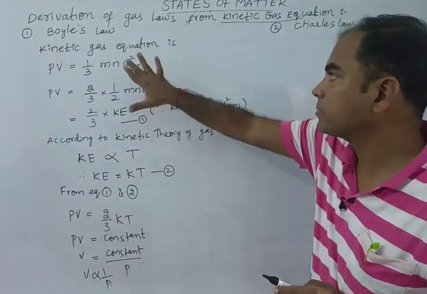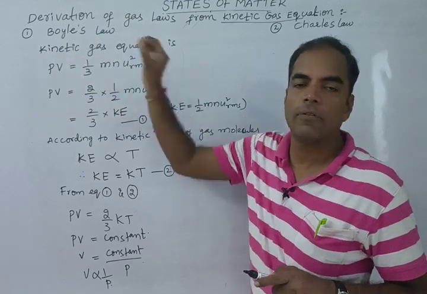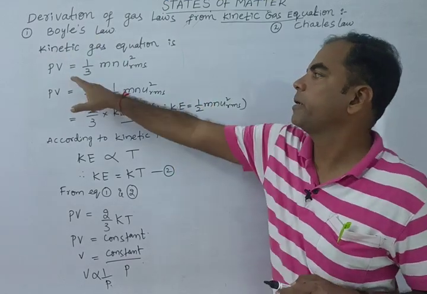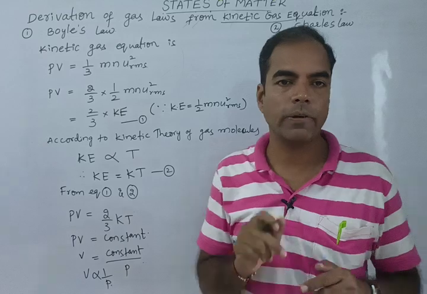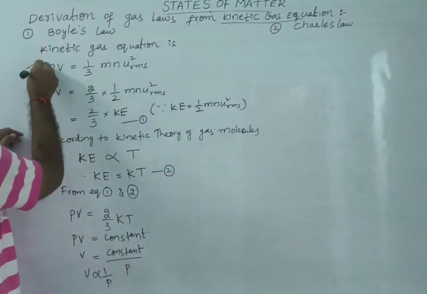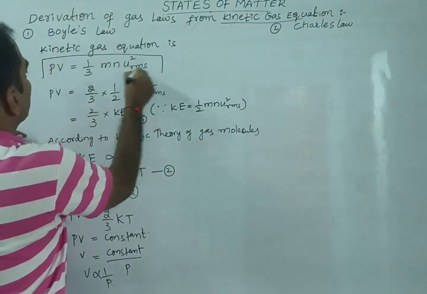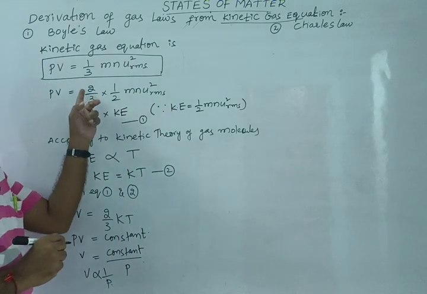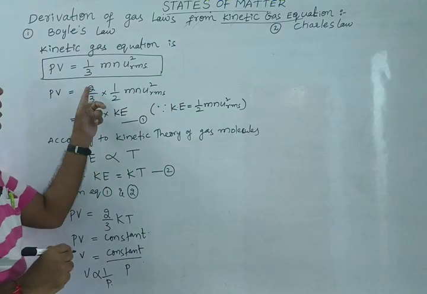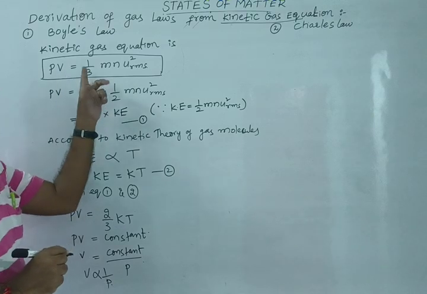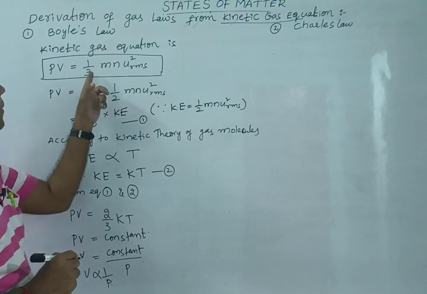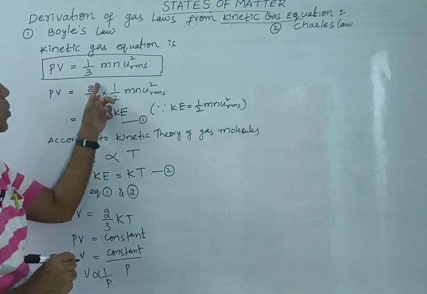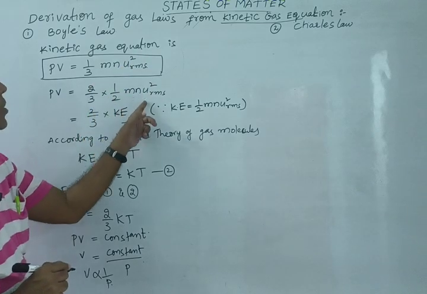Okay, students. First of all, remember the kinetic gas equation: PV equals 1 by 3 mn u square RMS. Multiply with the same number 2 and divide with 2, and the value will not change. So 2 by 3 into 1 by 2 mn u square RMS.